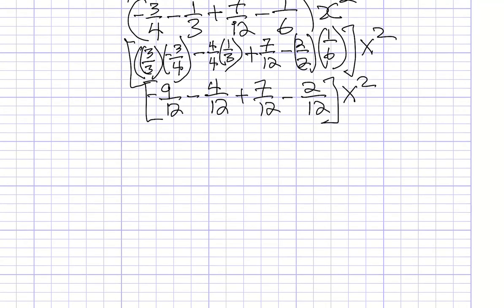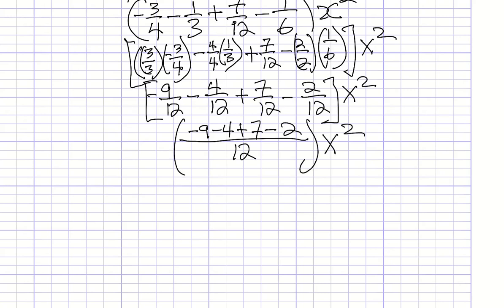So now we'll have to simplify that inside that bracket there. The common denominator is 12, and then it becomes minus 9 minus 4 plus 7 minus 2, okay, all times x raised to the power 2. So we keep simplifying it, right? You keep simplifying that, and what is that?